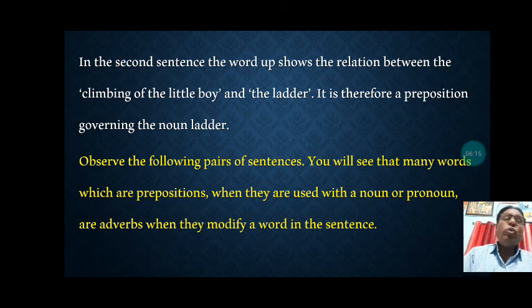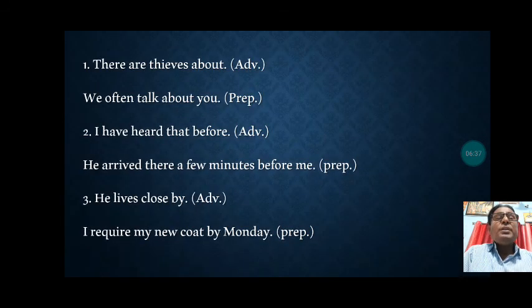Observe the following pairs of sentences. You will see that many words which are prepositions when they are used with a noun or pronoun are adverbs when they modify a word in the sentence. They are used as adverbs.